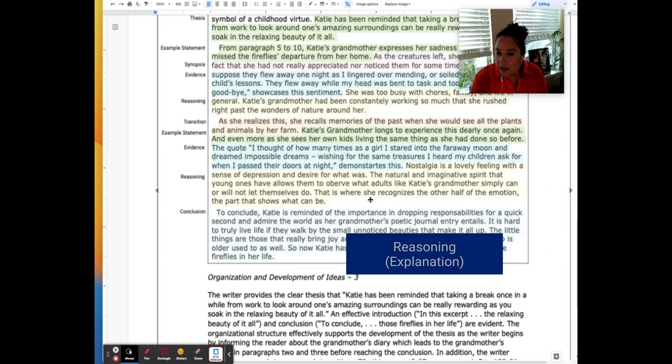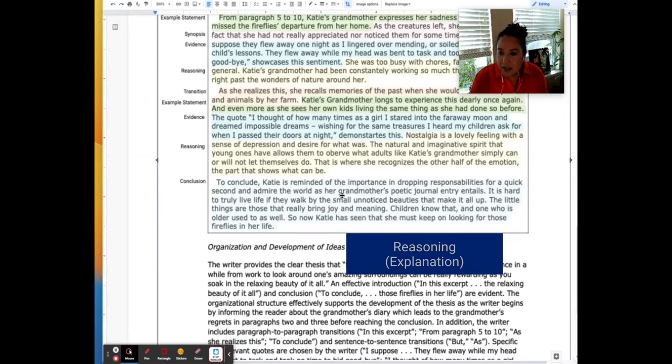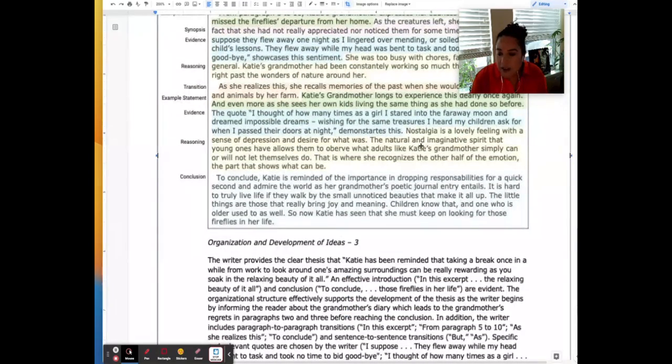Nostalgia is a lovely feeling with a sense of depression and desire for what was. The natural and imaginative spirit that young ones have allow them to observe what adults like Katie's grandmother simply can or will not let themselves do. This is where she recognizes the other half of the emotion, the part that shows what can be. So, some nice interpretation there by the student.